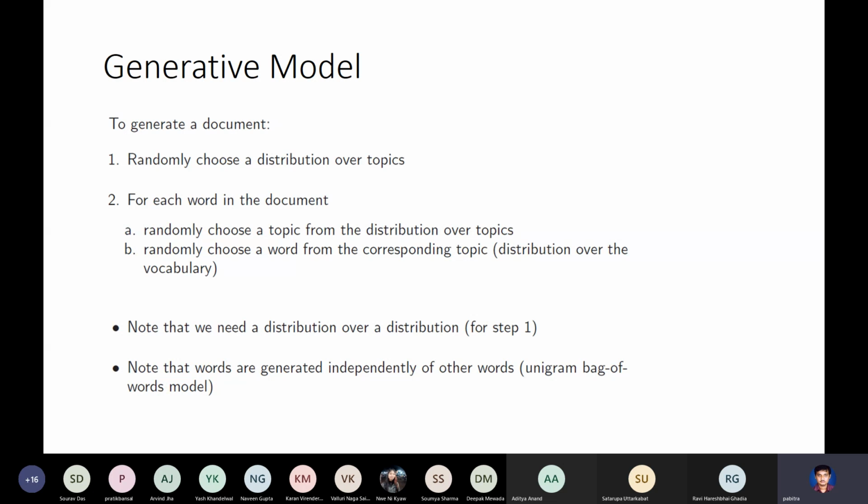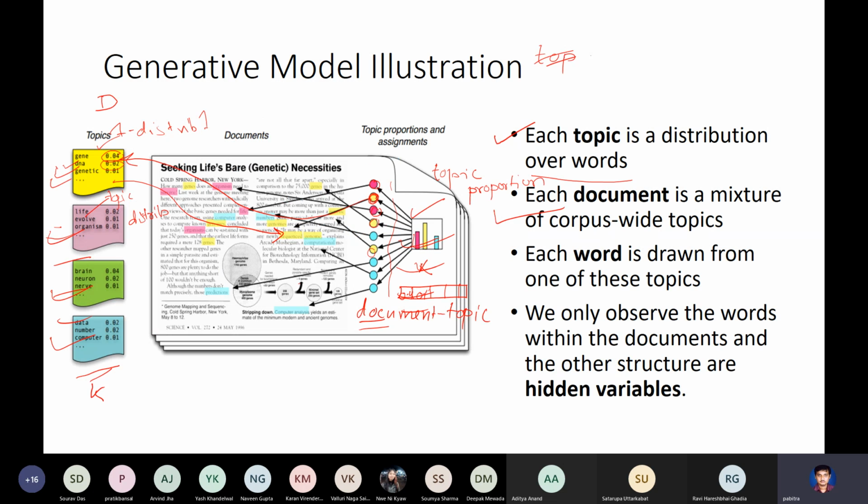So finally, what will be given is just this collection of documents. Each document is a collection of words. You are just given this. So the only observable you have are these words belonging to a document. That's the only thing you have.